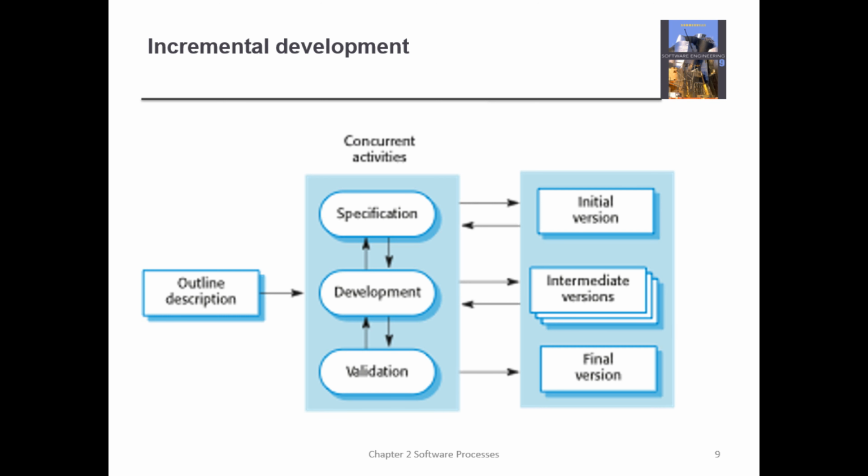Okay, we have another model. Due to the drawbacks of the waterfall model, software engineers had to come up with another model which can be suitable where the waterfall model may not. So this is the incremental development model.